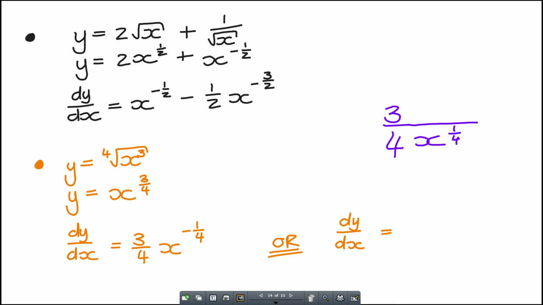Are you ready? Okay, now I've got to write that in a surd form. So you will have 3/4 and then inside is x, and the 1 outside is 4. But I don't have to write the 1 there.